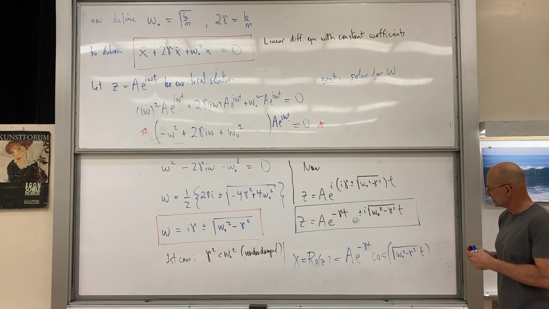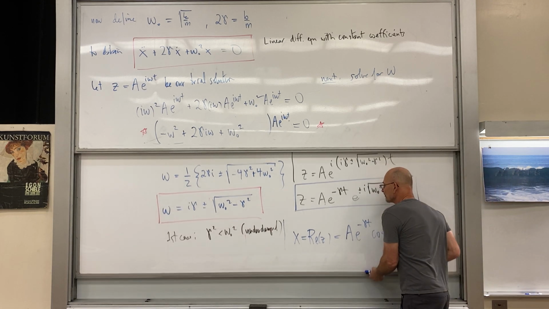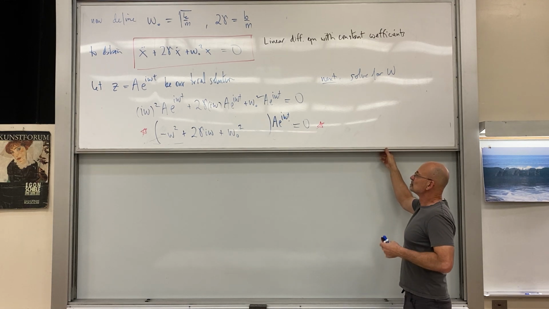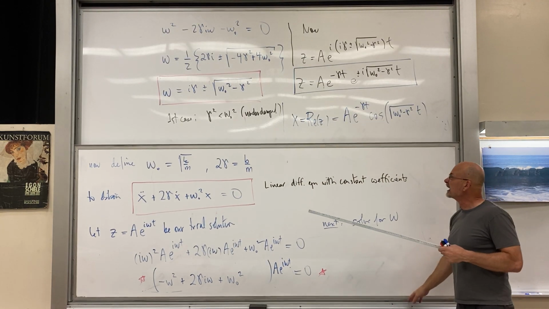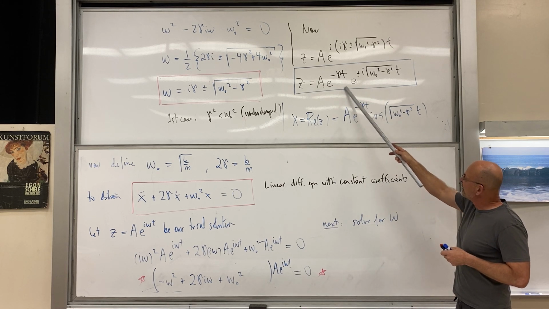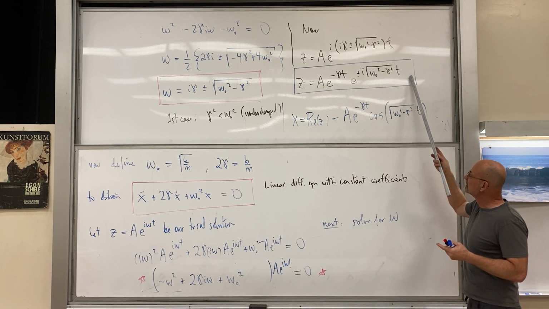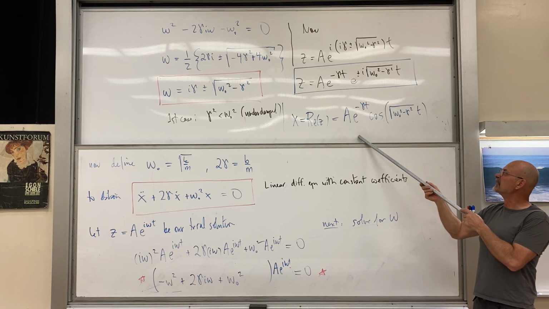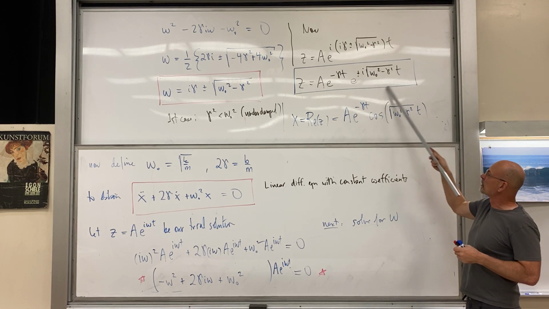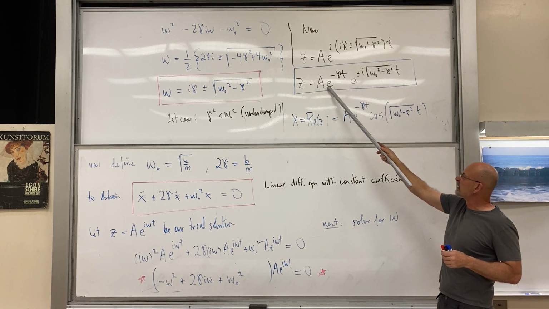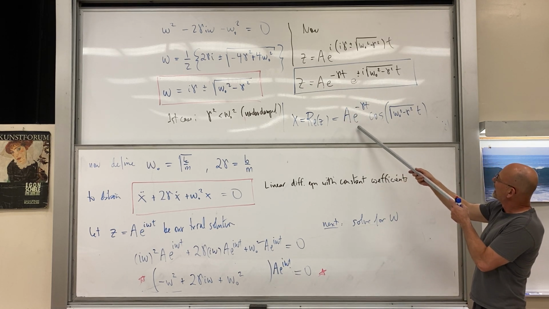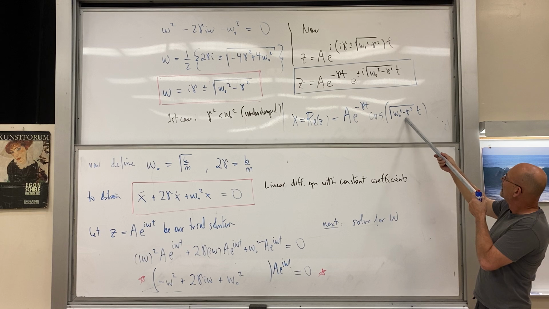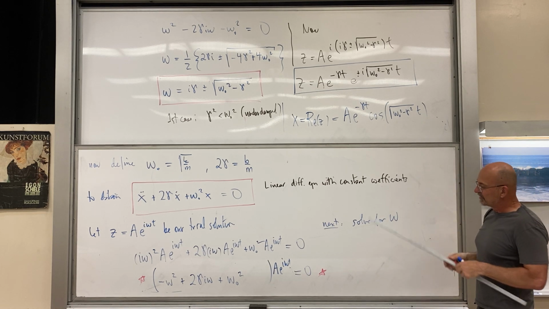That's good enough. After a while, you'll get used to just having this expression and seeing that it's this cosine. Once you work with these often enough, you're usually just satisfied to be looking at this thing right here. But there we are. We have a e to the minus gamma t cos of root omega naught squared minus gamma squared times t.